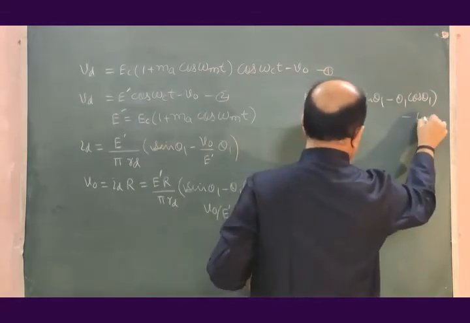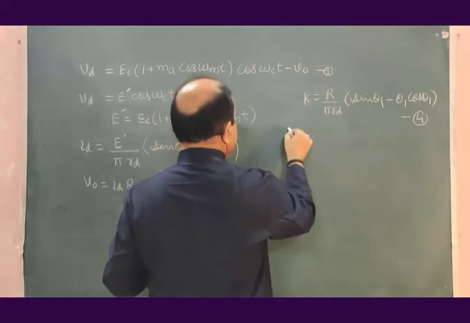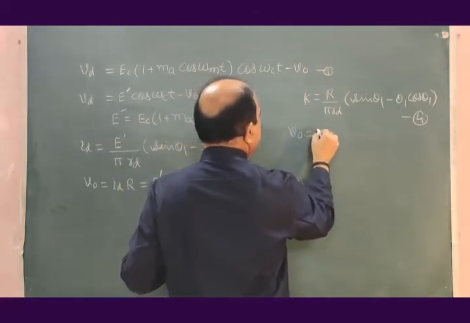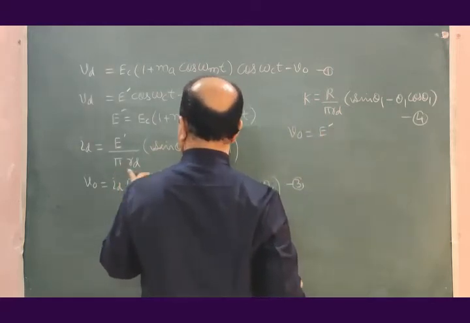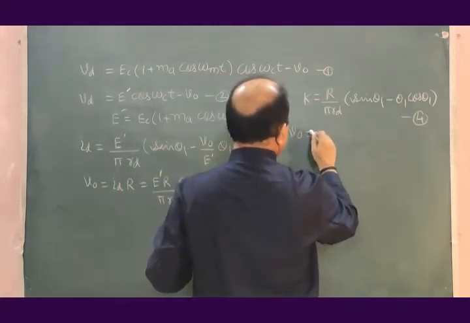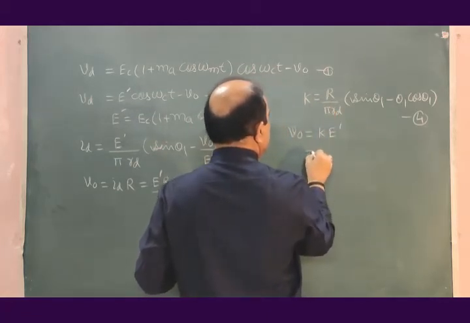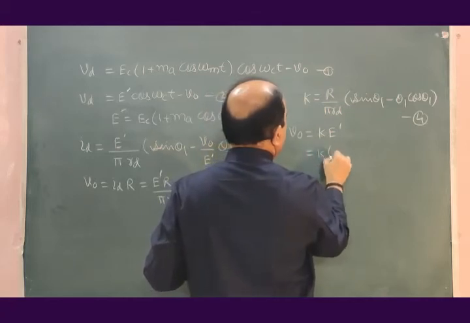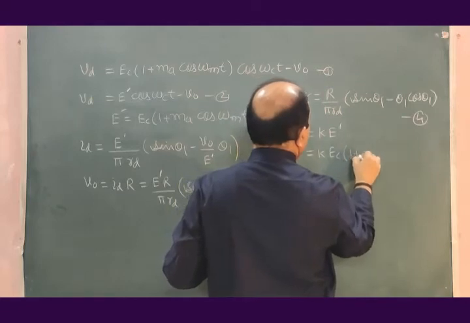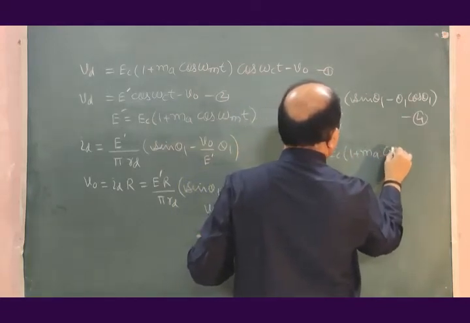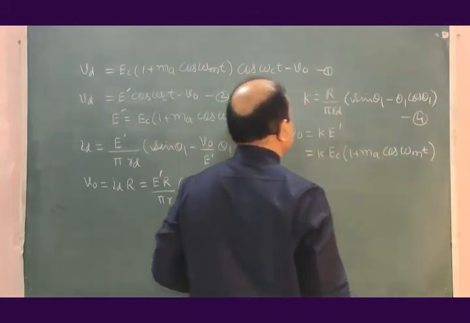With equation 4, equation 3 can be written as Vo is equal to K E dash, or this is for the K into EC into 1 plus MA cos omega MT.